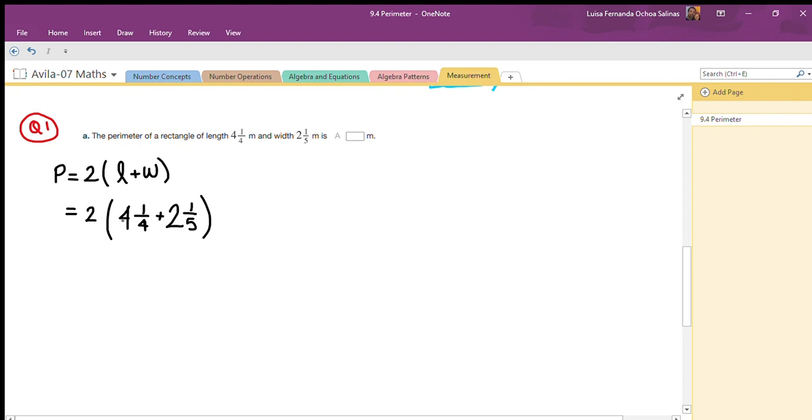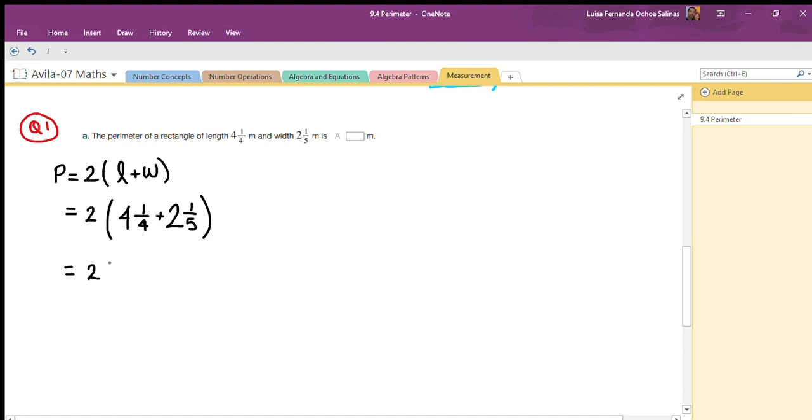The first thing I have to do is change it to improper fractions. Notice my working out, one thing after the other, downwards. This is about algebraic notation, using your equal signs aligned. That's why I like you to have a grid notebook.